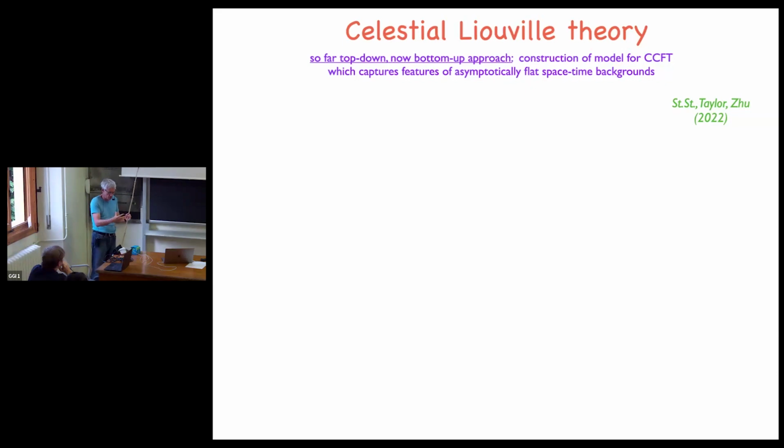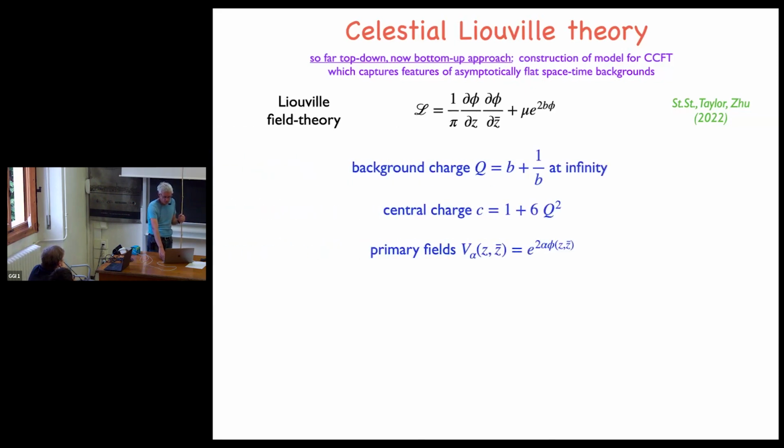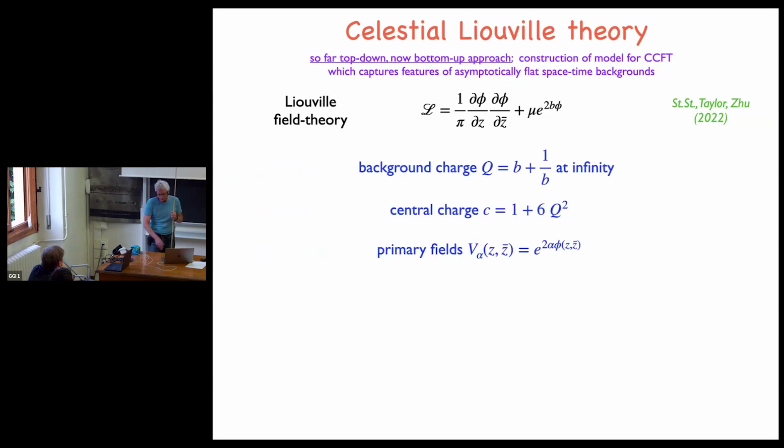You just take your Liouville theory in 2 dimensions and compute amplitudes, and then you can even compute one loop, and the one loop actually happens to agree with the one loop in 4 dimensions. That is actually a very non-trivial result from last year.